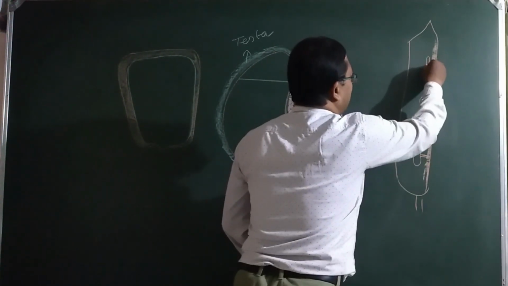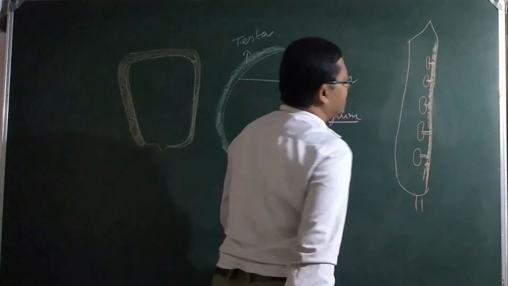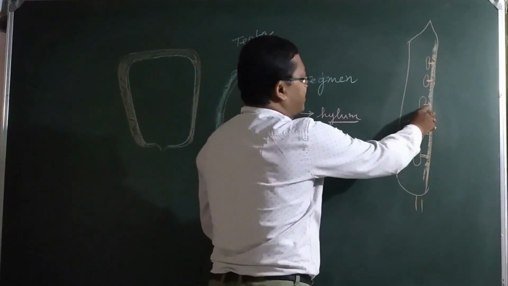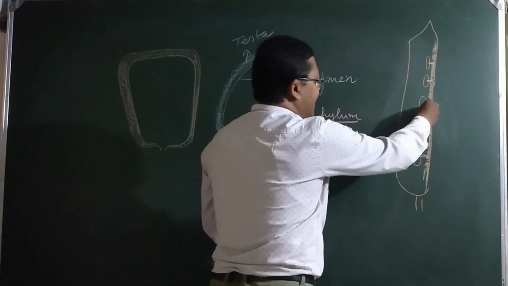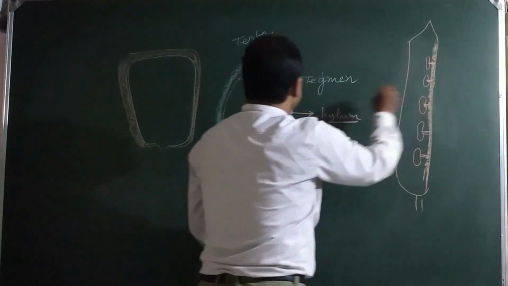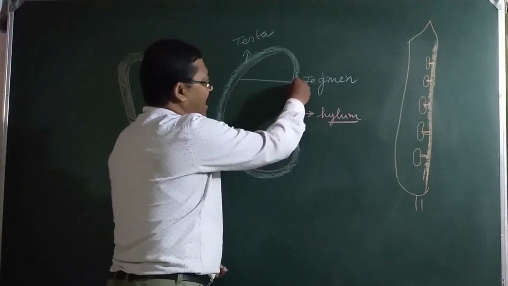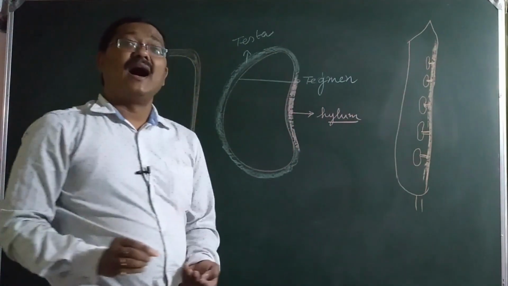When the seed matures, it separates from the stalk, leaving a scar. This is the scar, and this scar is the hilum.